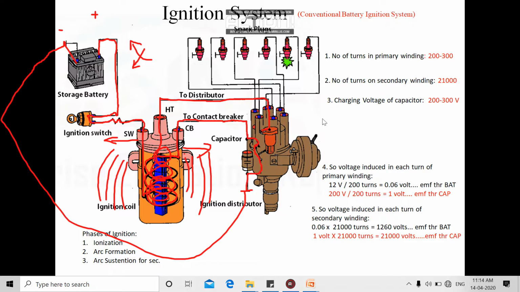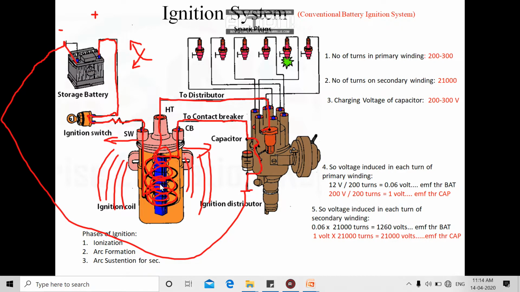Now come directly to point number 4, the voltage induced in each turn of the primary winding. It means, due to the 12 volt battery supply, how much voltage is induced in each turn of the primary winding. We know our primary winding has about 200 turns. So 12 volts divided by 200 is 0.06 volt EMF developed across each turn of the primary winding.